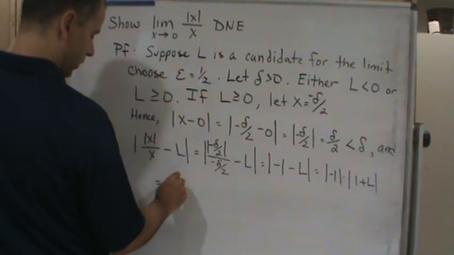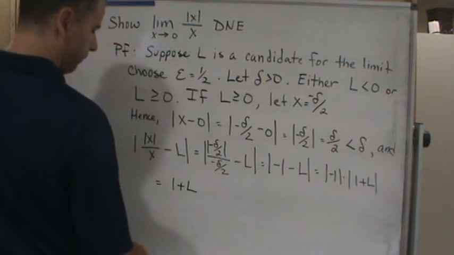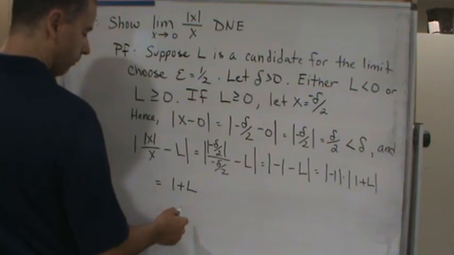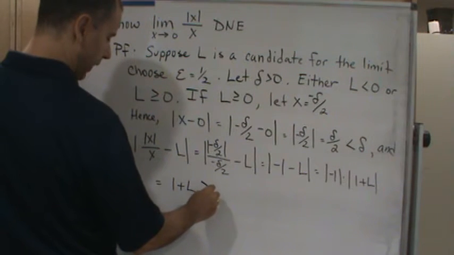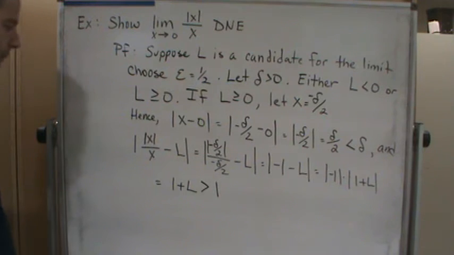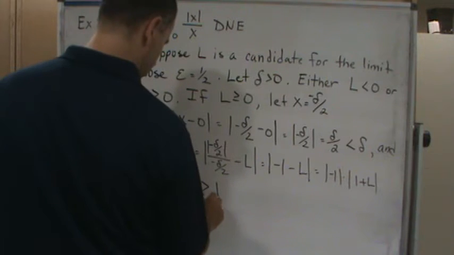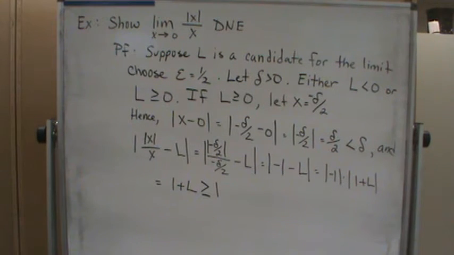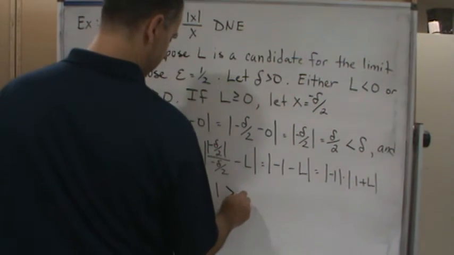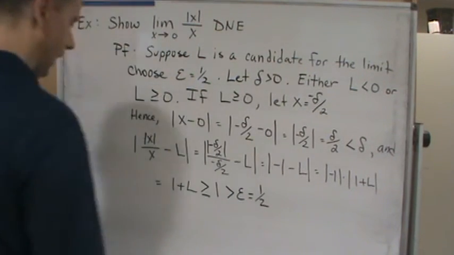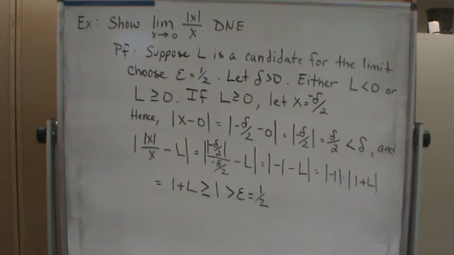So this is going to just be 1 plus L, which is greater than or equal to 1, because L is non-negative, which is greater than epsilon, which we chose to be 1/2. Okay, so it violates there, so it didn't work.